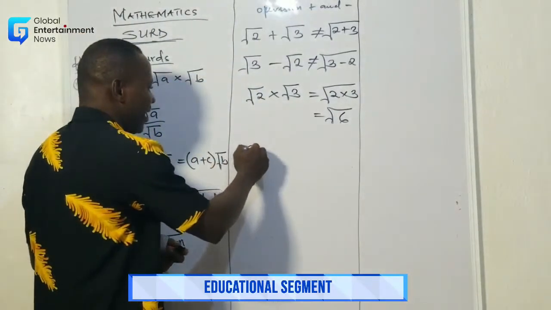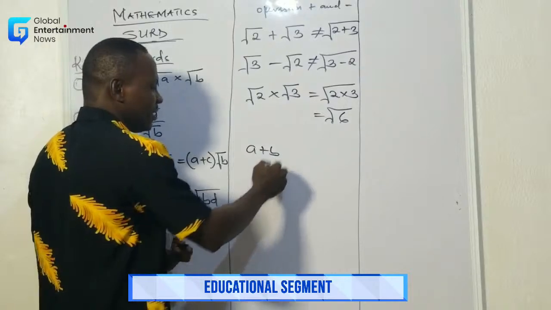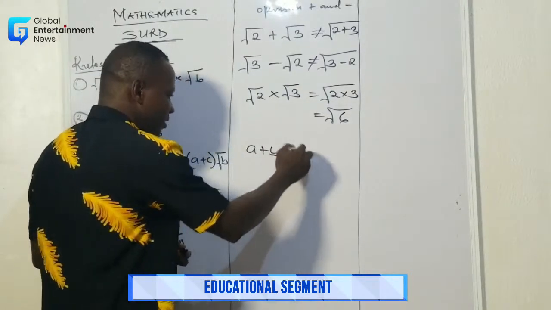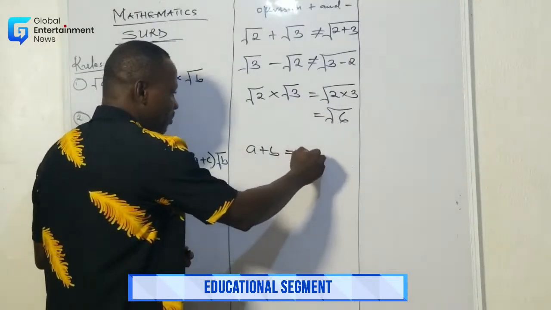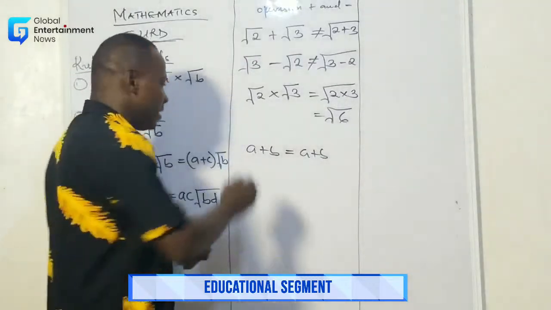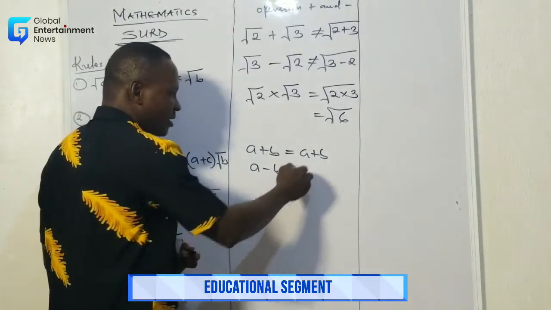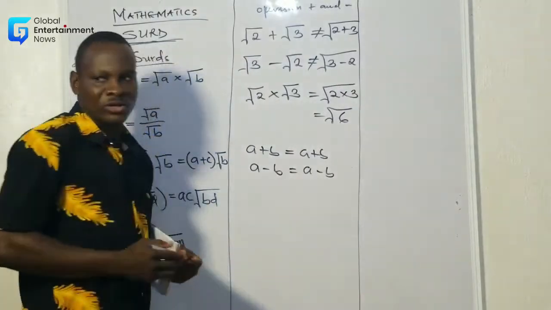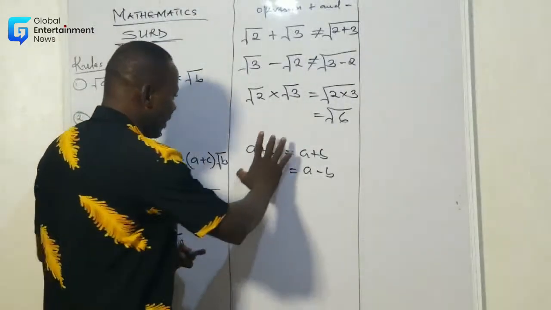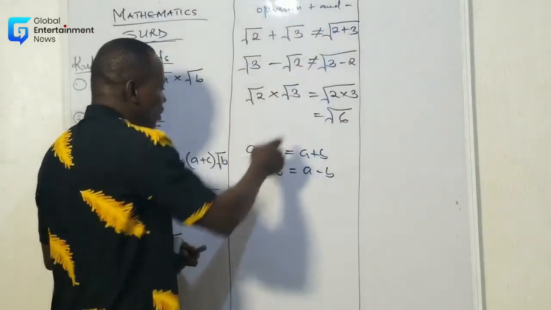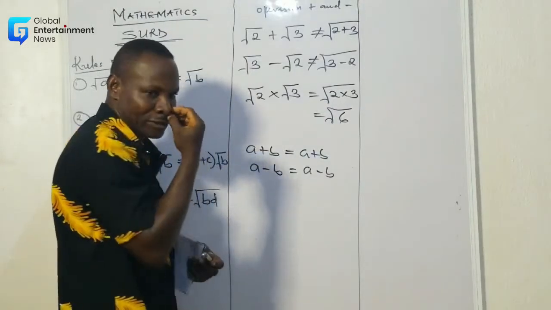Let me analyze this. If you say A plus B, the result is still going to give you A plus B. If I say A minus B, the result is still going to be A minus B, because we are talking about the inversion of plus and minus.